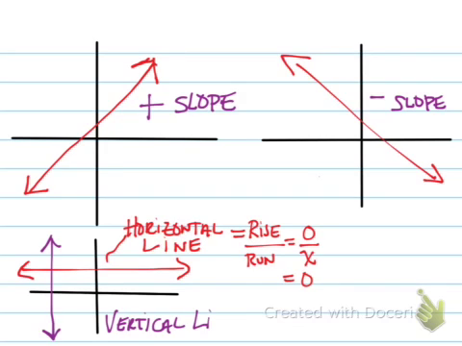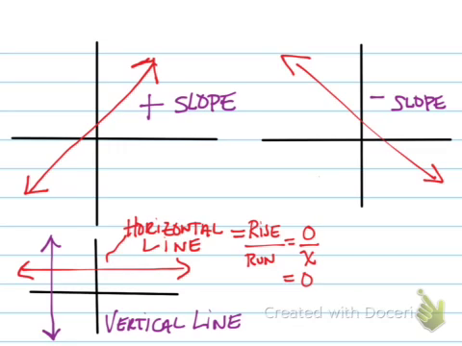What about vertical? Undefined. Why is it undefined? What's my rise? If I go between 2 points, if I take a point right here on the x-axis and I go up, that could be my rise. Could I go up further? Yeah.